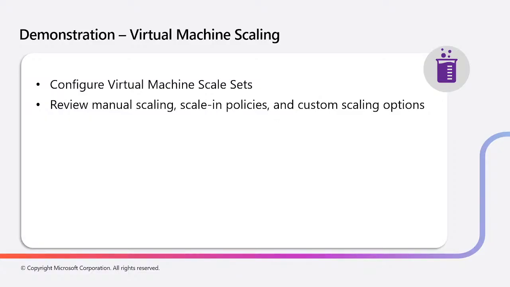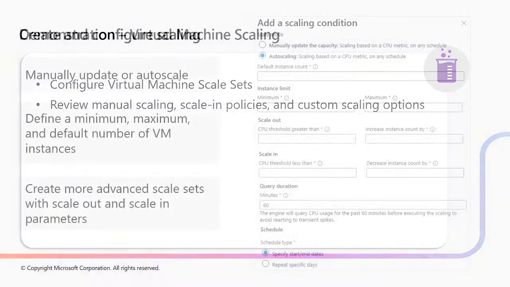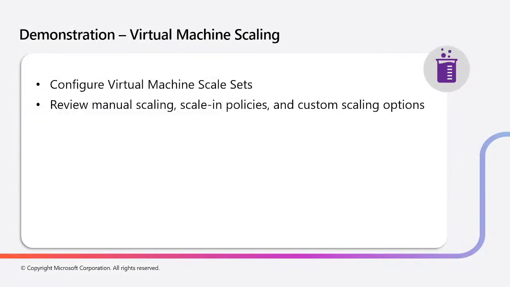So another option is what we call the virtual machine scale sets. When we talk about scaling, the scaling doesn't happen with the virtual machine itself. It happens with the virtual machine scale set, which is another option for availability.